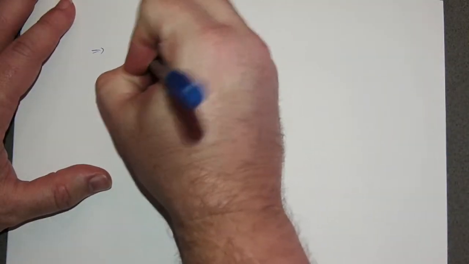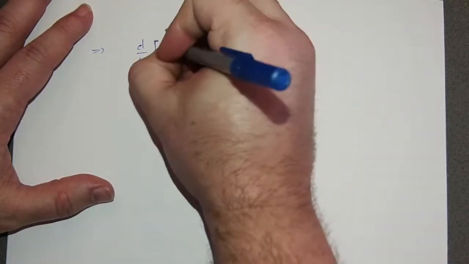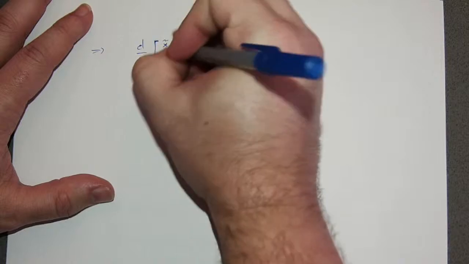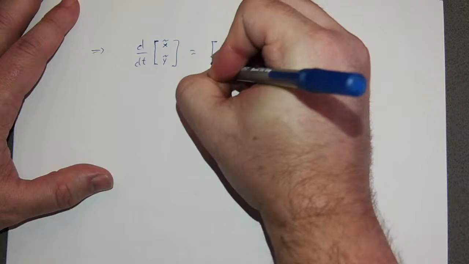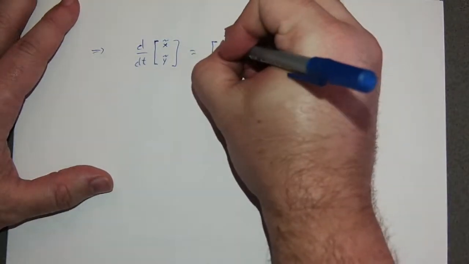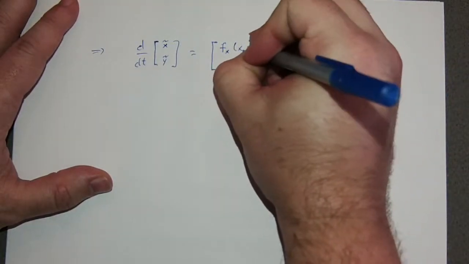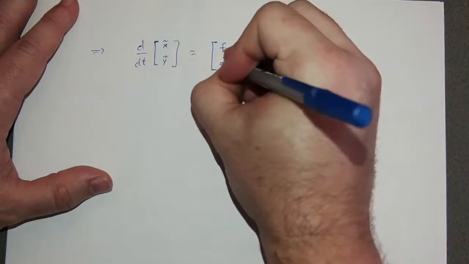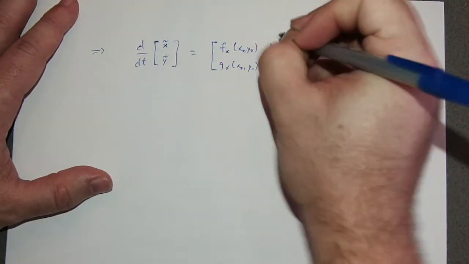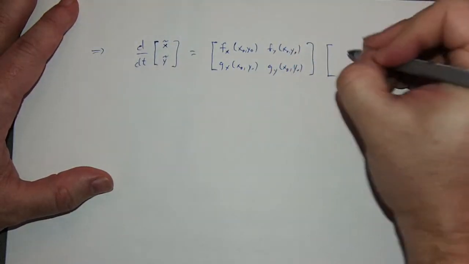This tells me that I have this approximate solution, d/dt of x tilde, y tilde, where this is the shifted thing, equals the matrix with the x partial of f at x naught, y naught, the y partial of f at x naught, y naught, the x partial of g at x naught, y naught, and the y partial of g at x naught, y naught, times x tilde, y tilde.